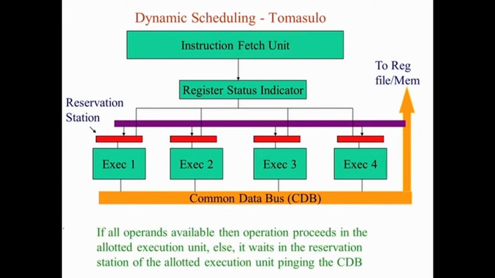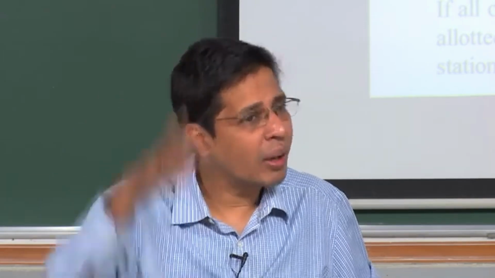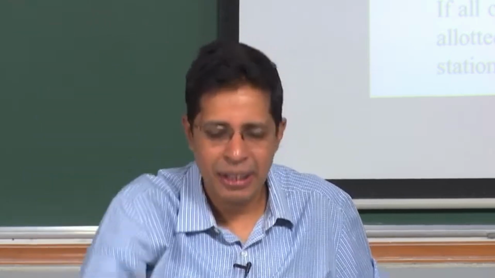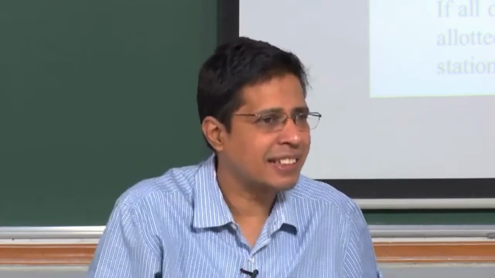Now if all the operands are available, then the operation can proceed. If some of the operands are not available, then the operation has to wait. And where will it wait? It will wait in the reservation station. So I had add R2, R3, R4. R3 is not in the register file, it is being computed by execution unit 4, that I will know from the register status indicator.